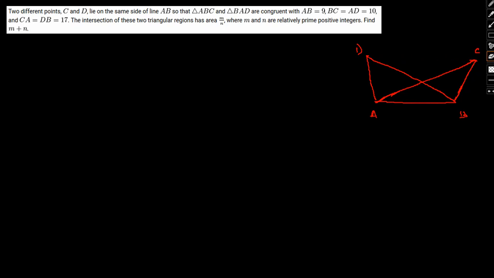Okay, so now let's take a look at what is given. Here it's given that AB equal to 9, so this is 9, BC equal to AD equal to 10, this is 10, and this one again is 10. CA equal to DB equal to 17, so DB this is 17, CA again is 17, this entire line. So we need to find the intersection of two triangular regions.